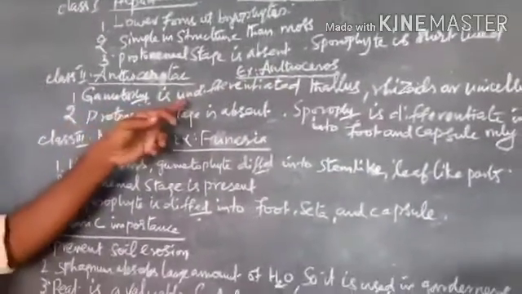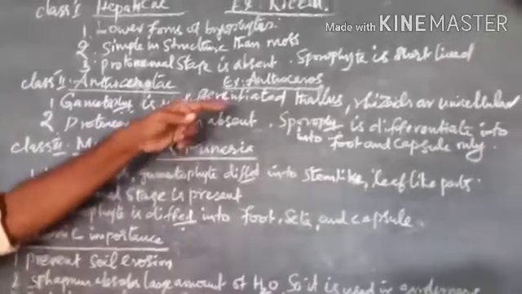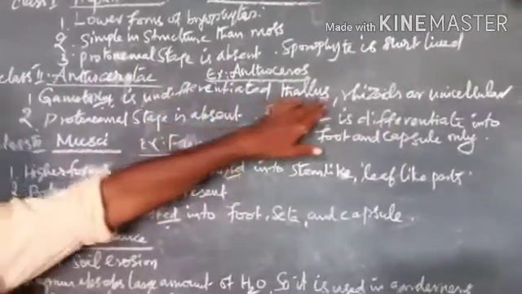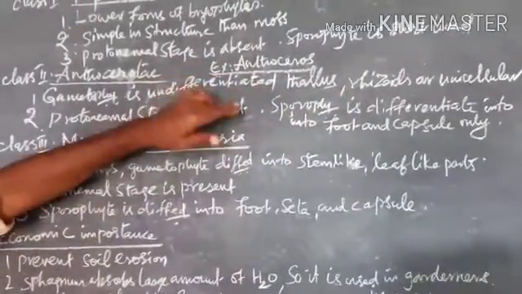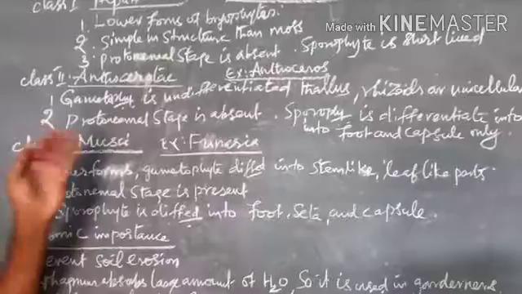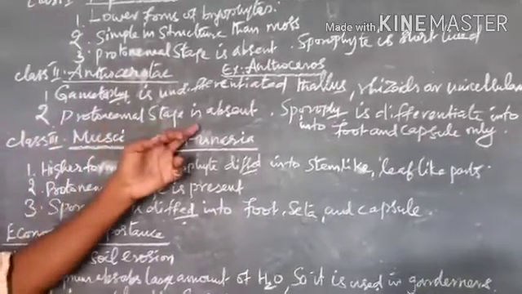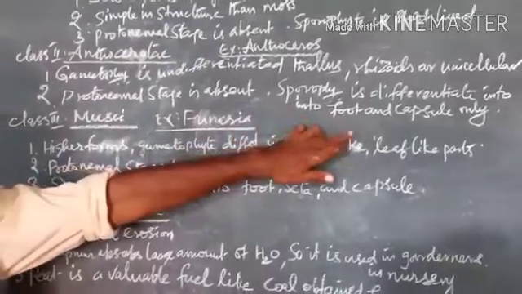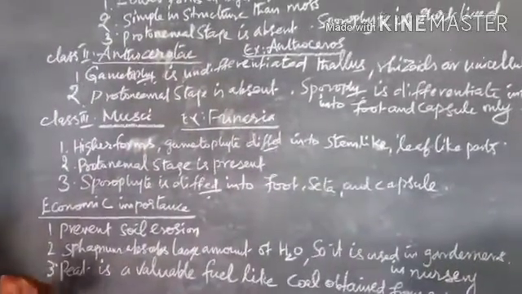The gametophyte is a thallus with unicellular rhizoids. The thallus is the plant body. No stem or leaf is present. The protonema stage is absent. The sporophyte is differentiated into foot and capsule only.